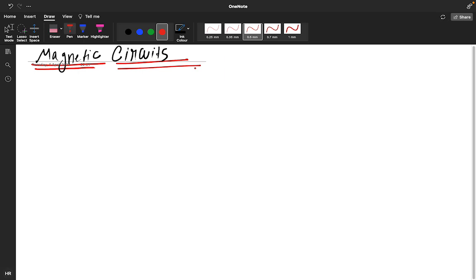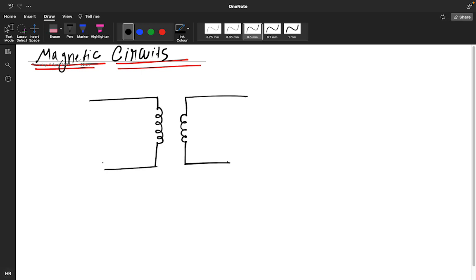So guys, suppose you have N1 turns here, and you have N2 turns in this loop. This is your AC supply, positive, and from this you are getting one current.